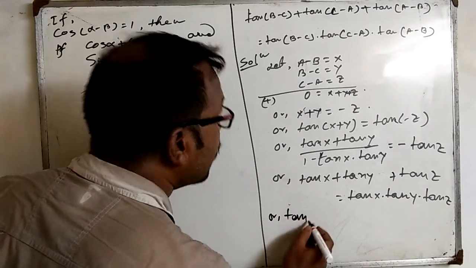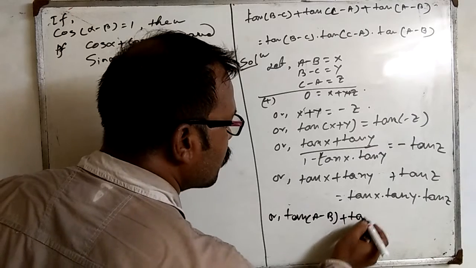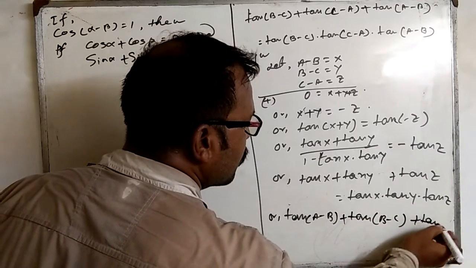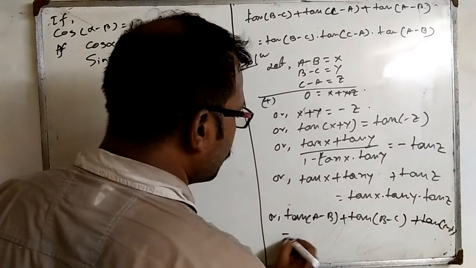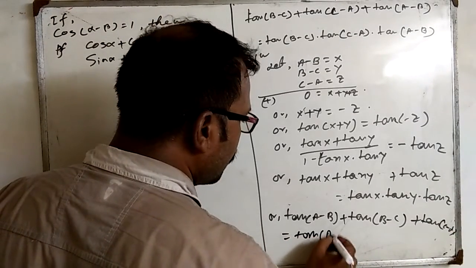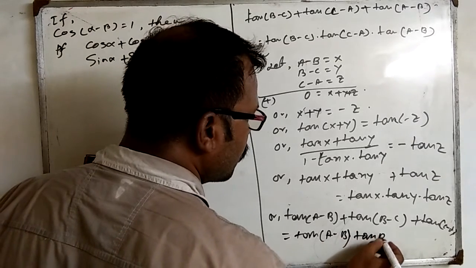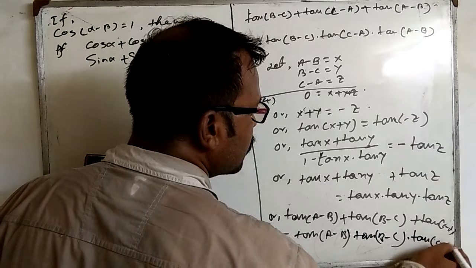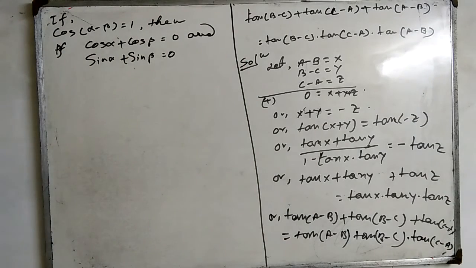We get tan of a minus b plus tan of b minus c plus tan of c minus a equals tan of a minus b into tan of b minus c into tan of c minus a. So very easy. Now see the next problem.